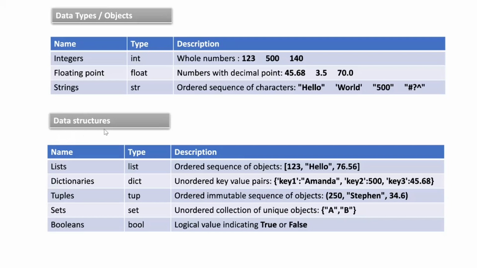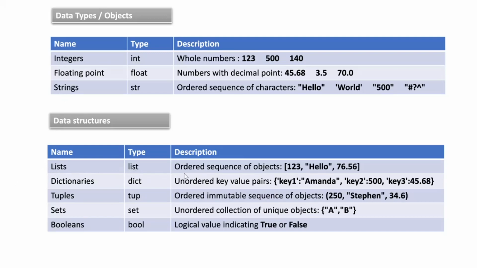Then we have data structures. Data structures are a special type which can hold the data types or data objects which we have seen previously, that is integer, floating point, and string, in some sort of sequence. Again, we have three columns: name, type, and description. The very first we have is lists. Internally they are represented as list in Python.